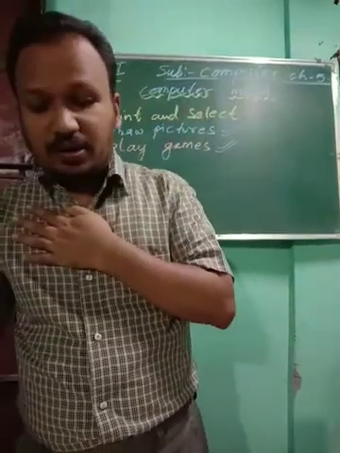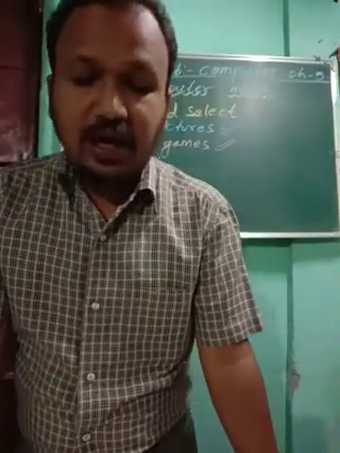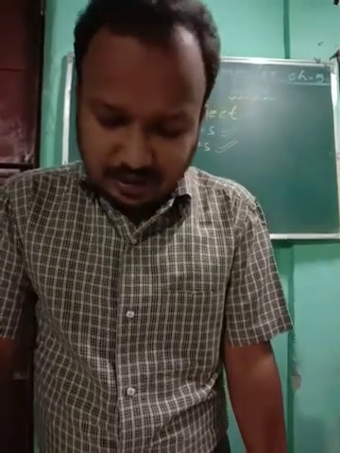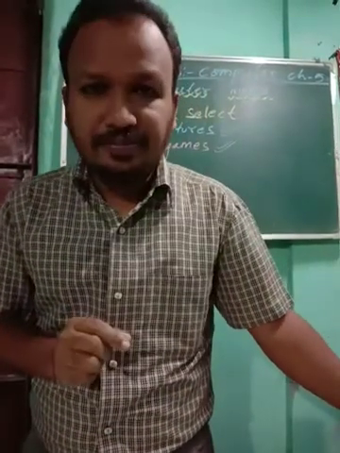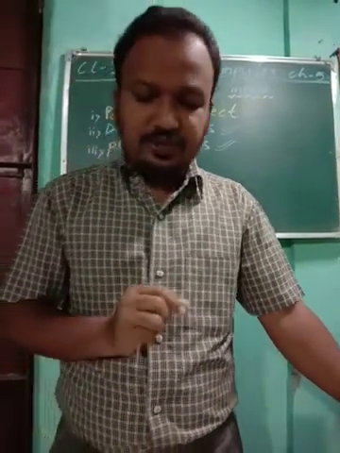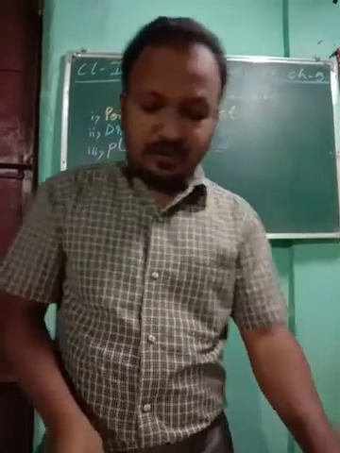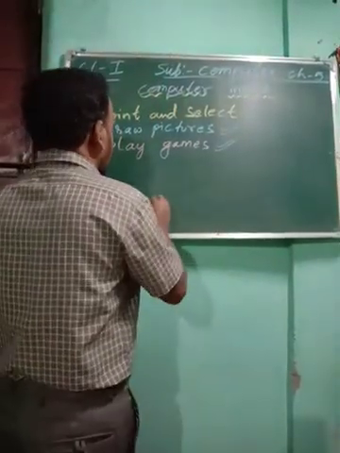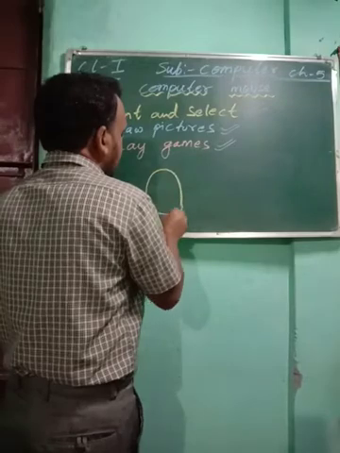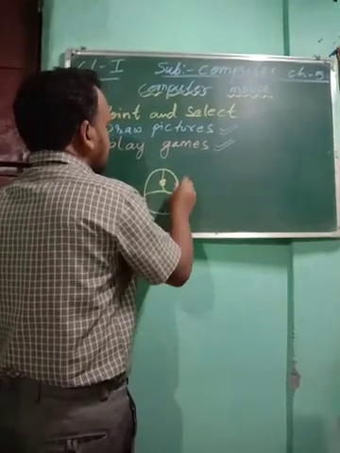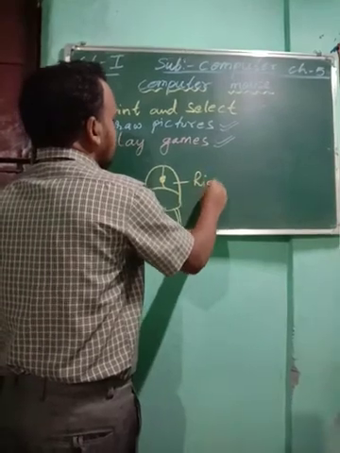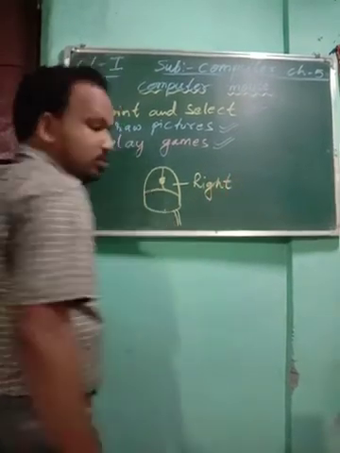We have discussed that a computer mouse has 3 buttons. I have told you about left click, right click, and the center button, that is called the scroll wheel. Once more I am showing you the mouse.